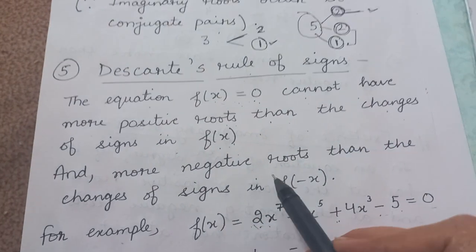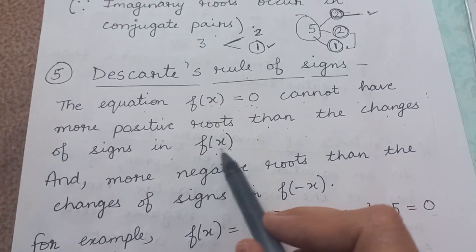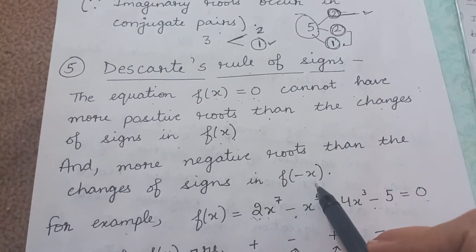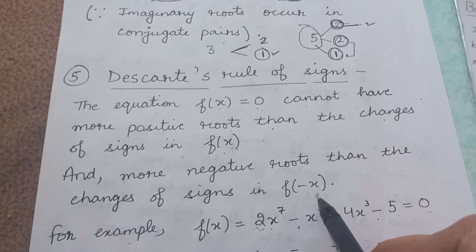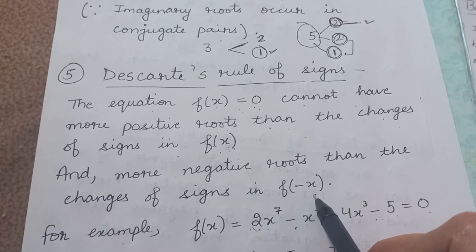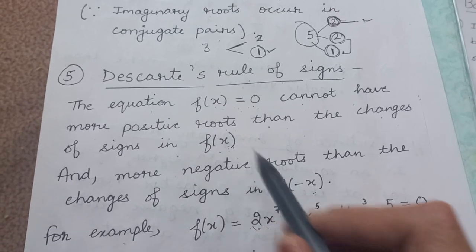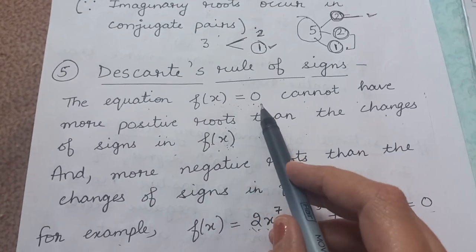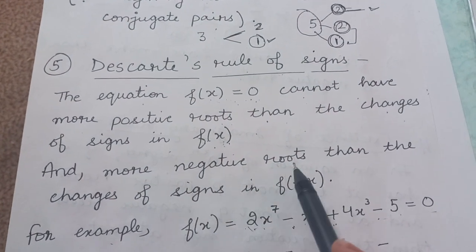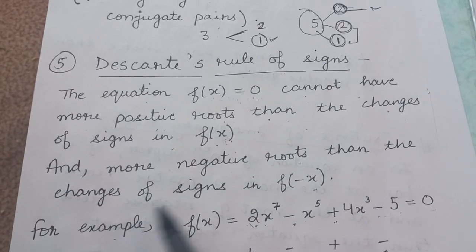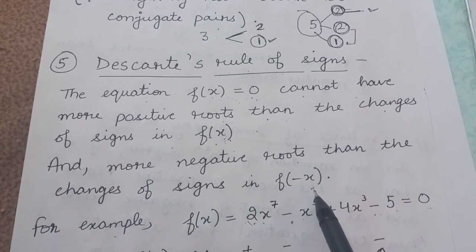Second, if you write f of negative x in place of f of x, and now in this equation you find the changes in signs, then you will say that the same equation f of x equal to 0 can't have more negative roots than the changes of signs in f of minus x.